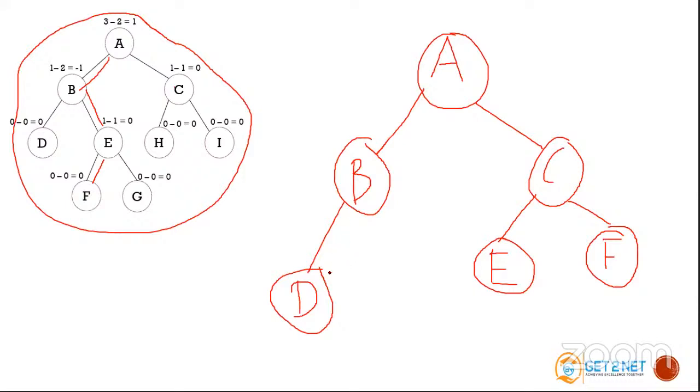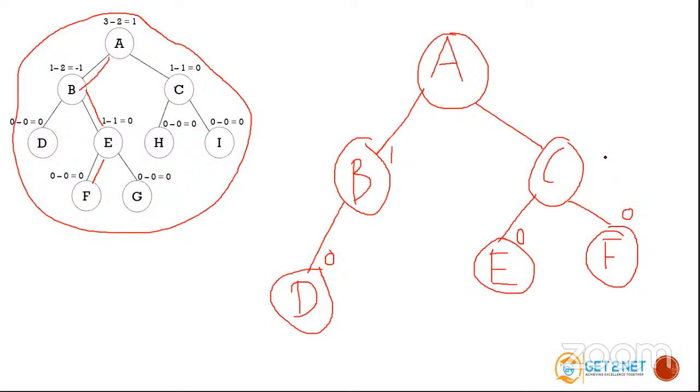So say me, what is the balance factor of D? 0. Of E? 0. Okay. F? It's also 0. Fine. What's the balance factor of B? 1 minus 0, that is 1. Right.